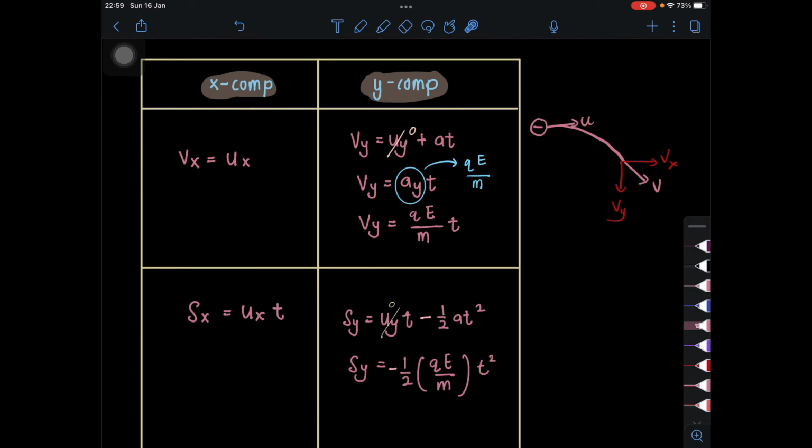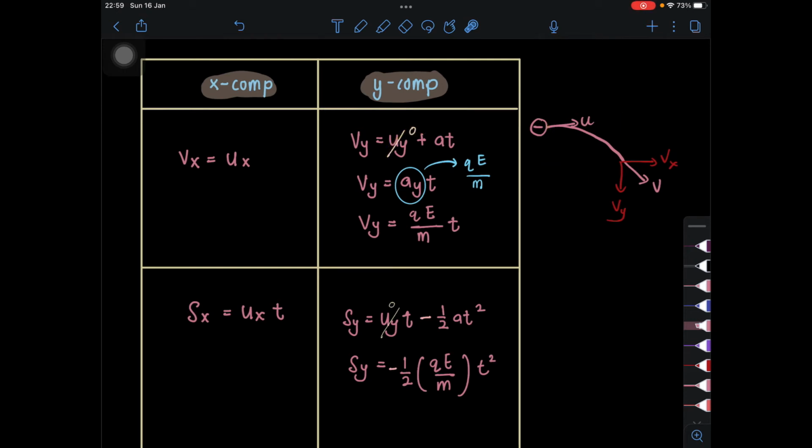So basically this formula is the same as what we learned in chapter 2, projectile motion. For vy, it will be equal to uy plus at. And uy will be equal to 0, because there is no value for uy, and u will be equal to ux here. So this one we cancel.